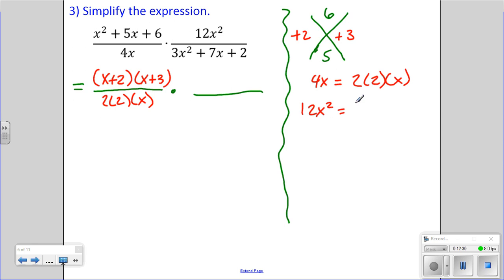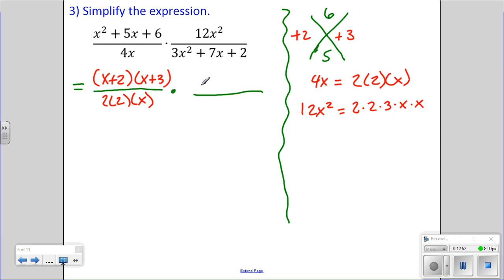I'm going to go as low as possible, which means all prime numbers, and it's totally fine. So that means 2 times 2 is 4, times 3 is 12. And then x squared is times x times x.